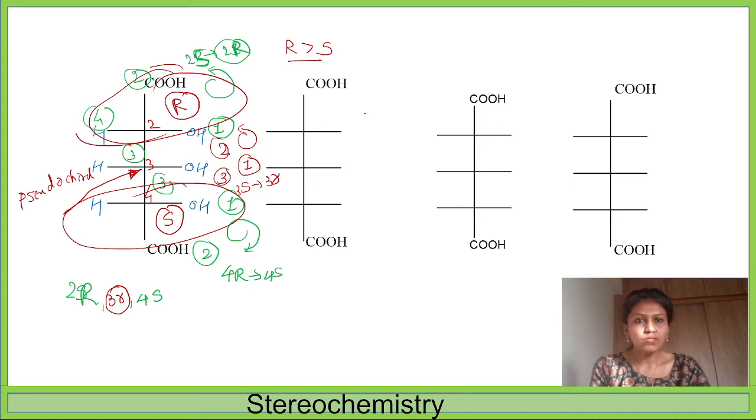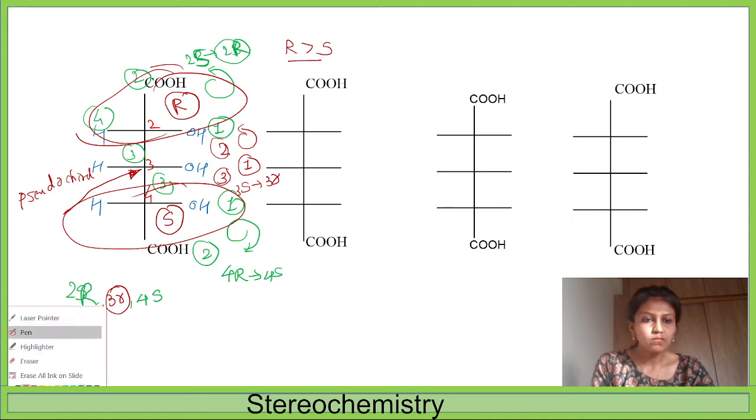Same way, suppose I think about another molecule. Suppose OH and OH, right? Now for the pseudochiral carbon there will be a plane of symmetry also present, right? Here the plane of symmetry is also present.